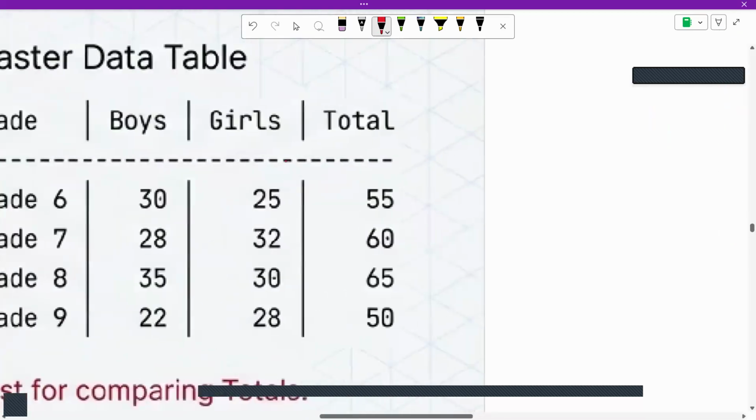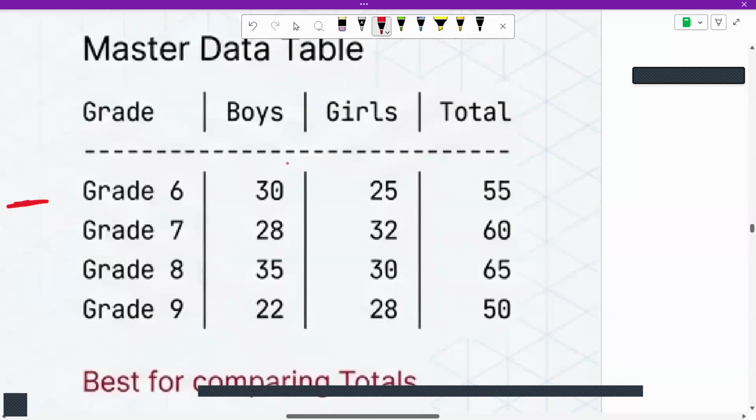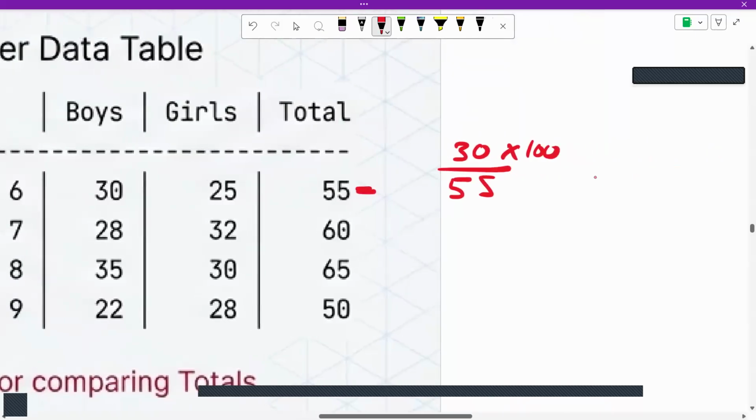What is the proportion of boys? The easiest formula: 30 plus 25 equals 55. Out of 55, 30 students are boys, multiplied by 100. And out of 55, 25 students are female. Then we will get the percentage value.